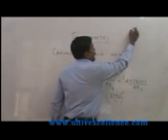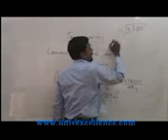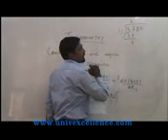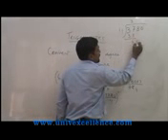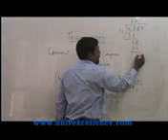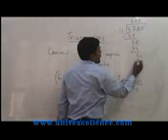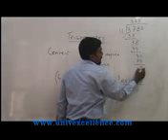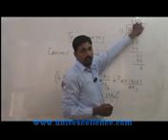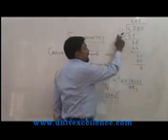So 3780 when divided by 11, we get 343 and the remainder as 7.